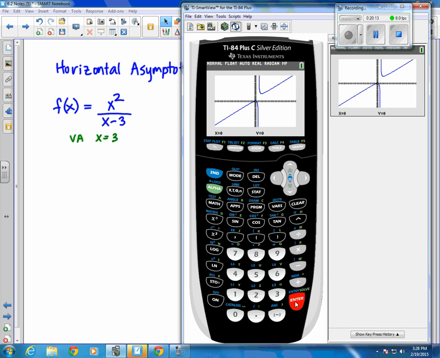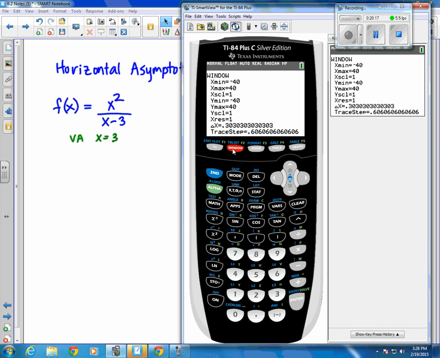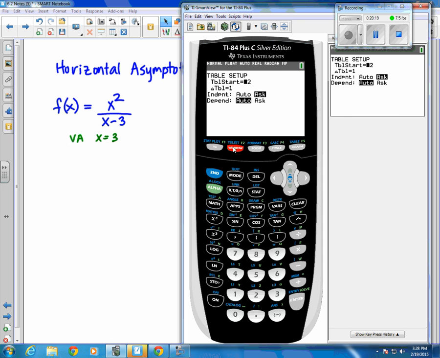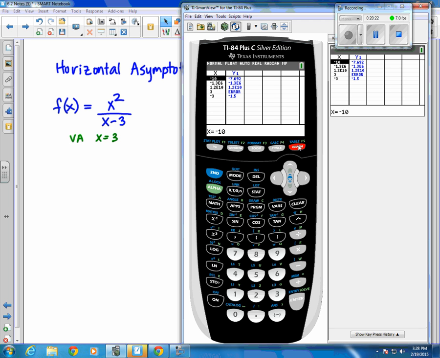So if we go back to our table, let's see if I have it set. Did I change it back? No. Okay, if we go back to our table and look at this, if I plug in smaller things here, what's happening to y? What's happening here?